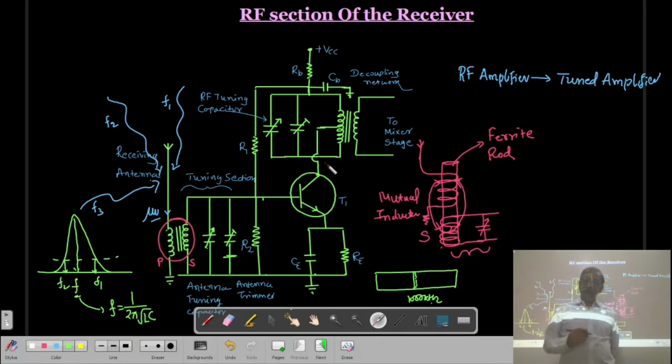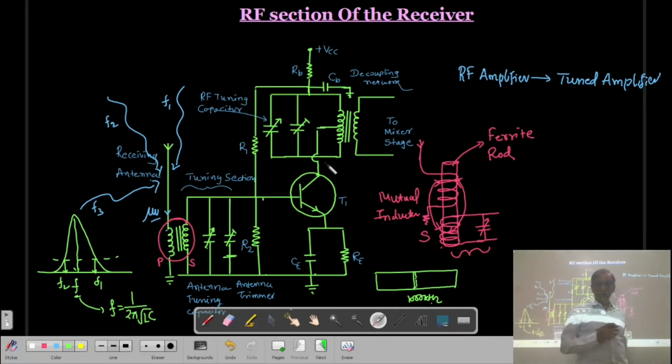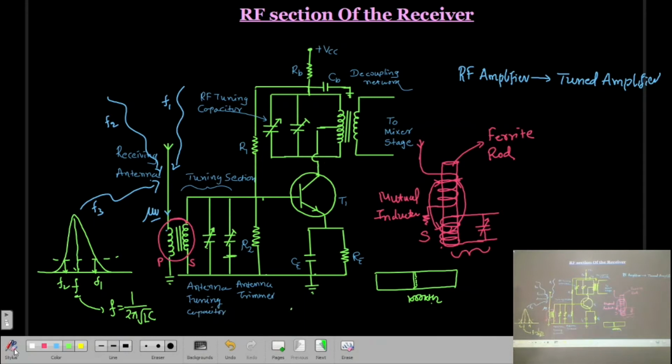And again, here we have a tuning section. In a tuned amplifier, always the tuning section will be in the output. So you can see this tuning section is here.